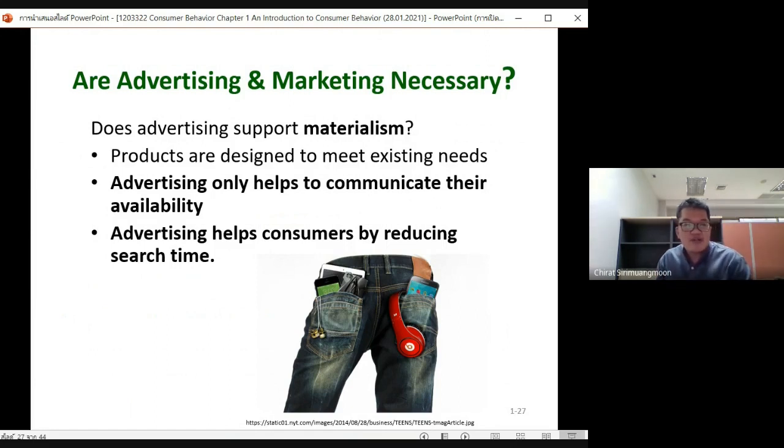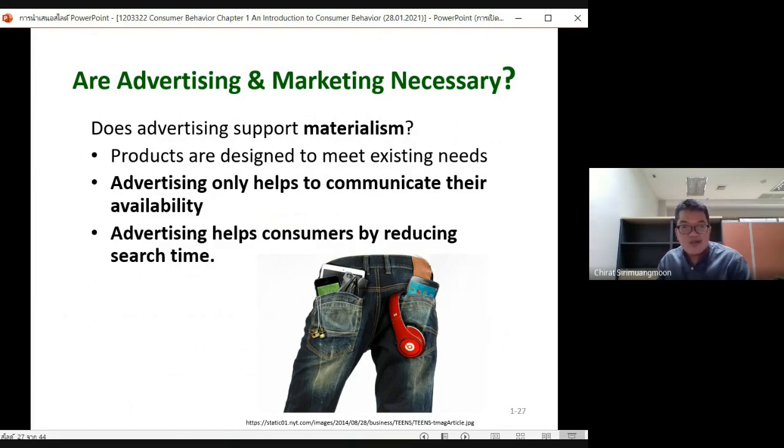So the marketer was blamed, but actually the marketer just uses advertising to help communicate the product's availability. Like every time you see ads online or on television, you know what it is. So marketers try to communicate that the product is on the market and help you reduce the searching time.